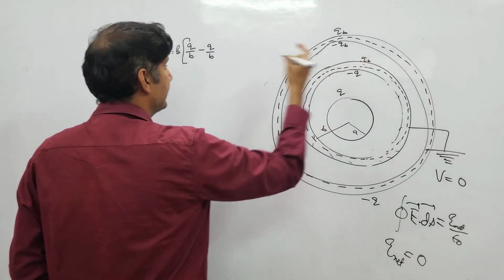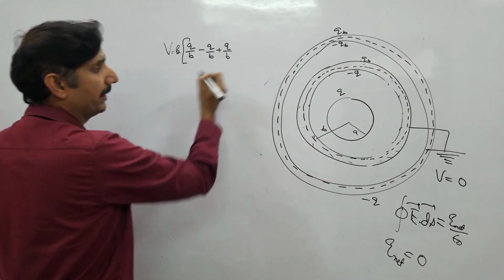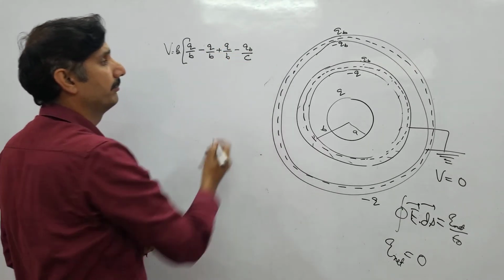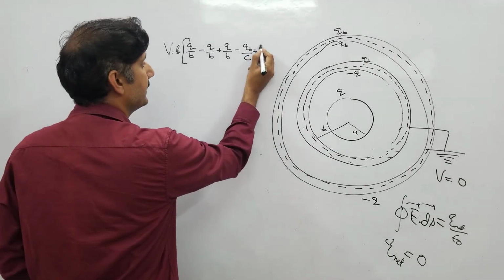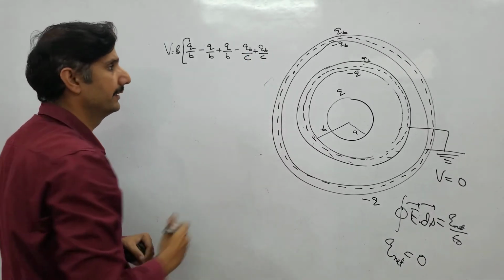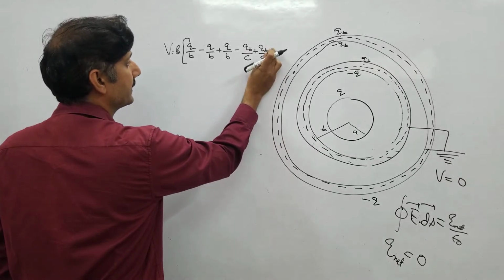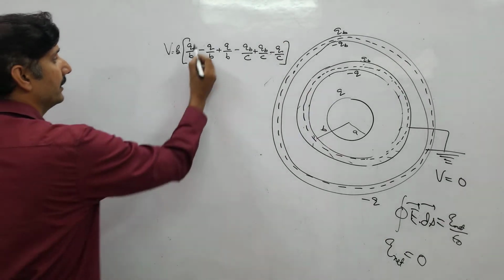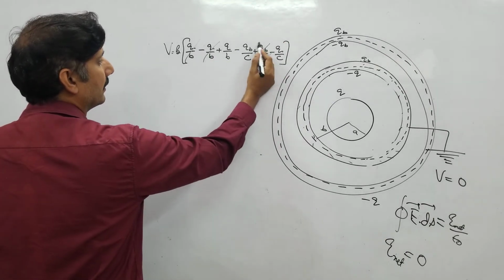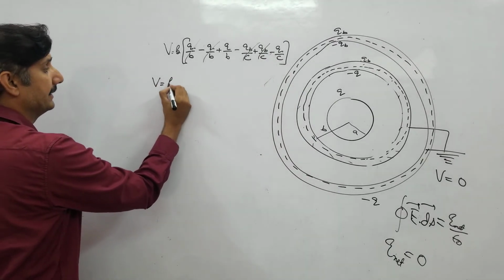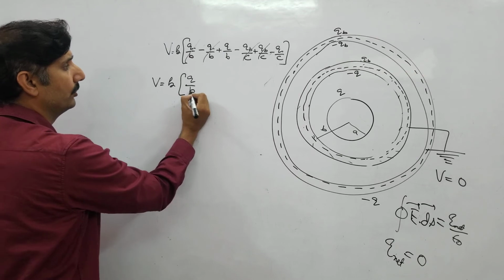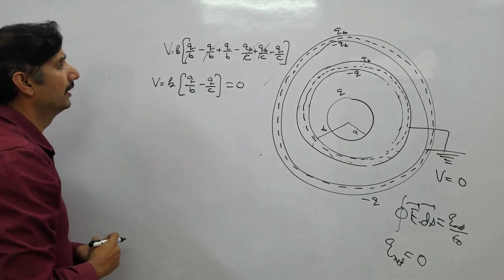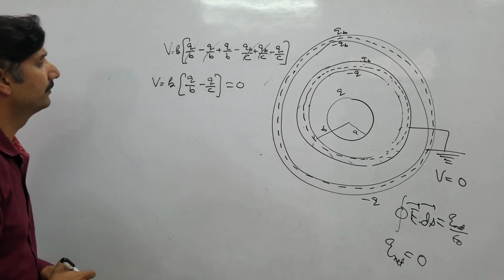Then I'll have plus QB by B. Then I'll have minus QB by C, plus QB by C, and then minus Q by C. Whatever gets cancelled out, the potential is K times QB by B minus Q by C, and that should be equal to 0.